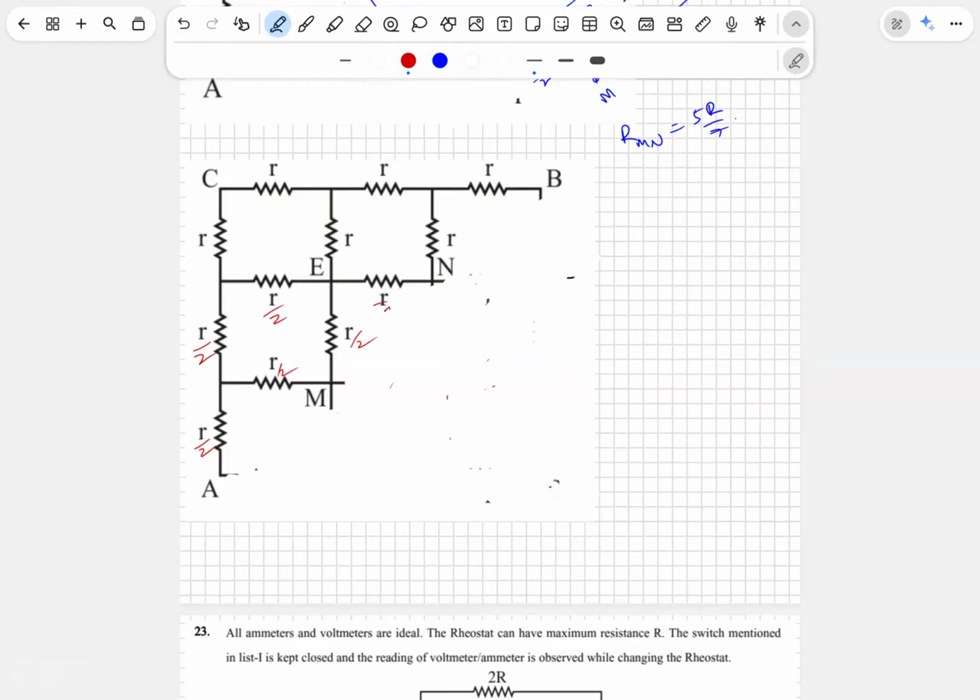R by 2, R by 2, R by 2, R by 2, R by 2, R by 2, R by 2. Tell me now, current enters at A, exits at M, roots.